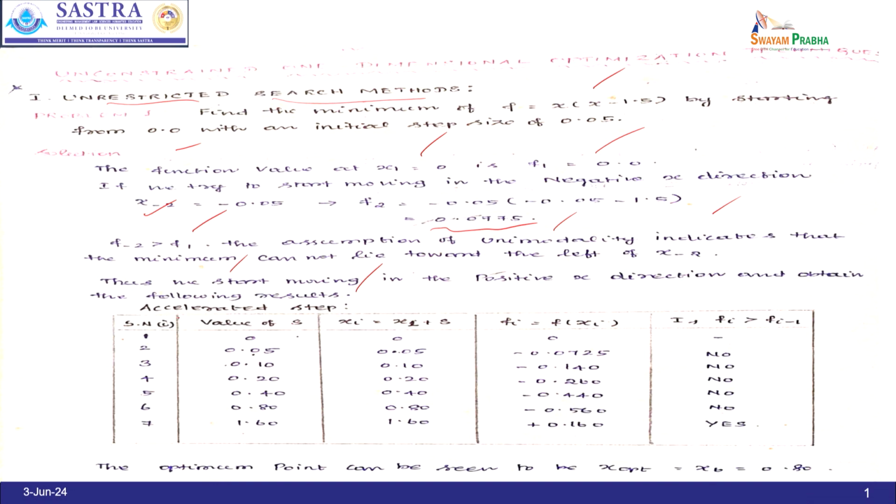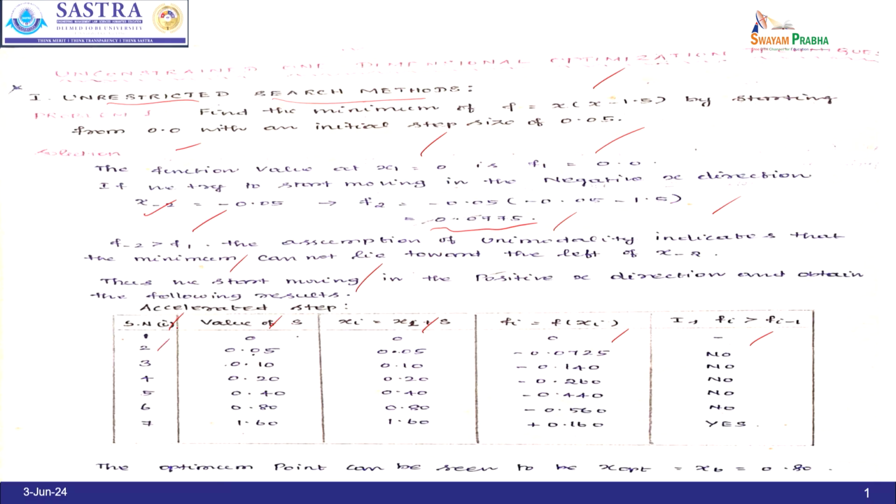Let us start with number 1 and take the value of s = 0 and xi = xi + s, which is also 0. Substitute into the given function: with x = 0, fi = f(xi) = 0. Checking fi against fi-1, initially it is not possible, therefore not applicable.